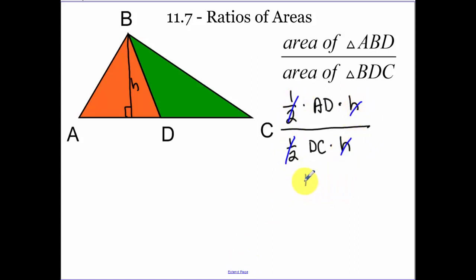So we have AD to DC. So what this means is, if two different triangles share a common height, the ratio of their areas is going to be the ratio of the bases.